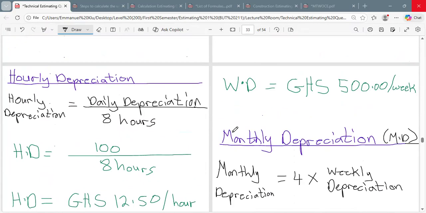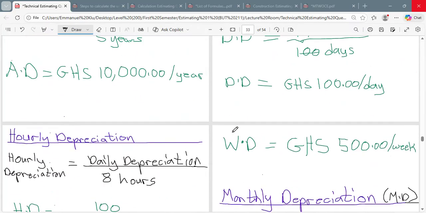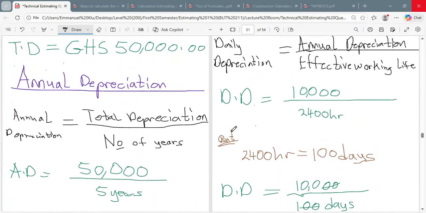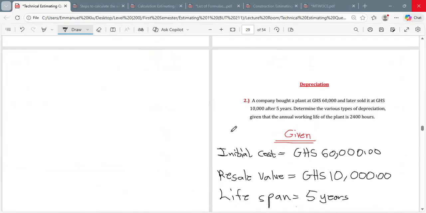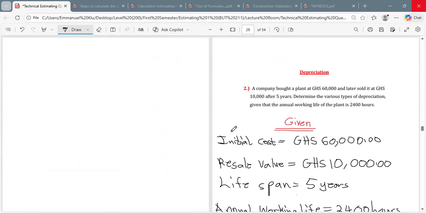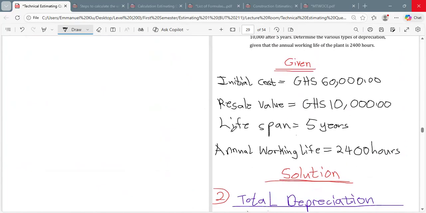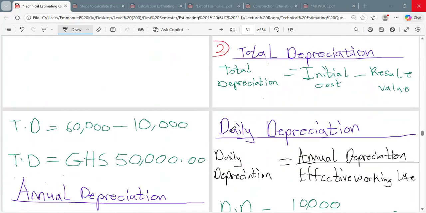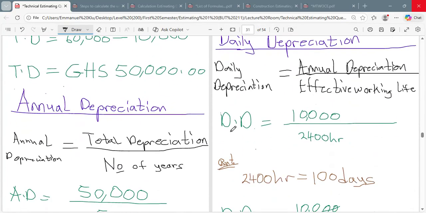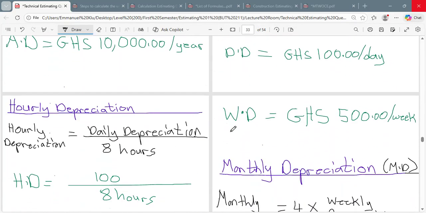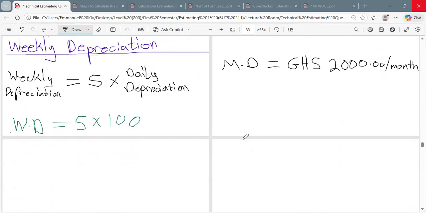If you had written the medicine, at least you would have known the areas that are going to be coming in the exams. Now they say you're not going to write the medicine. It means that you don't even know what is coming. So my people, construction estimation is not as easy as we are thinking. It means that we have to learn extraordinarily, because you can't predict the question. It's unpredictable.